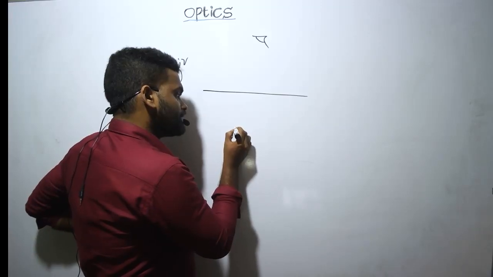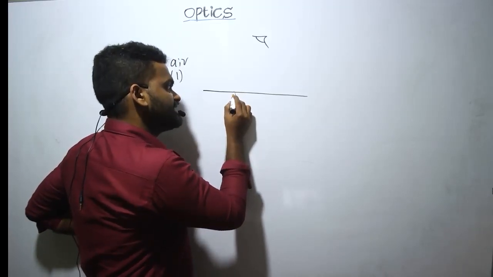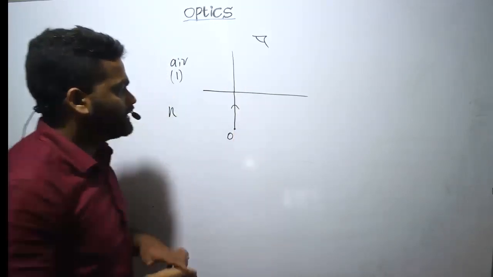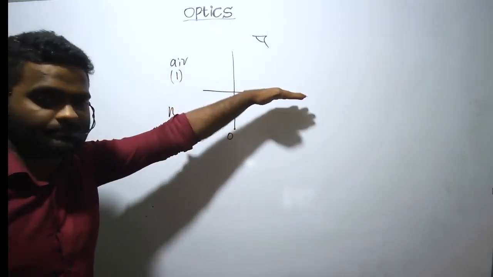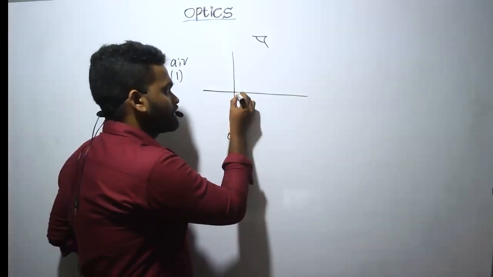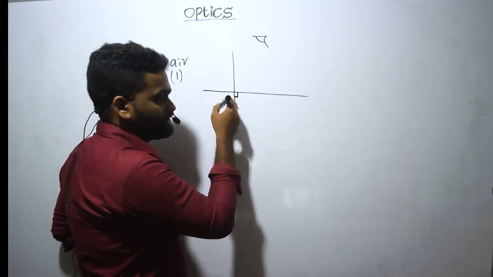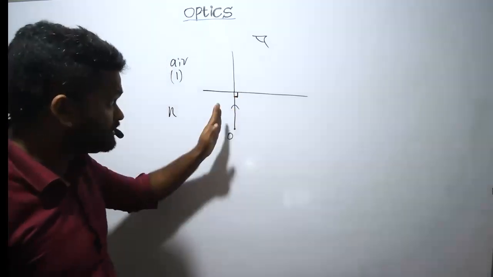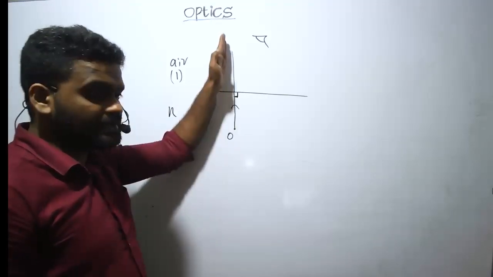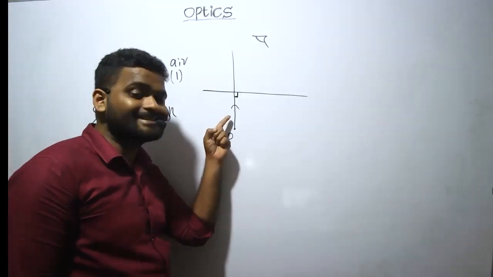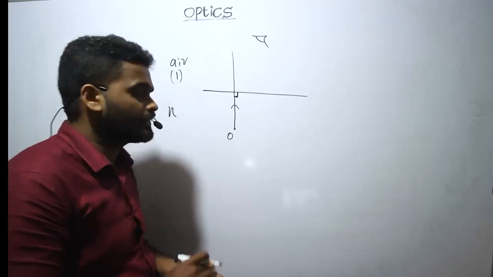I can choose a ray that goes perpendicular to the interface. I chose this because I know the direction it goes after refraction. It doesn't bend. That's why I get this ray.